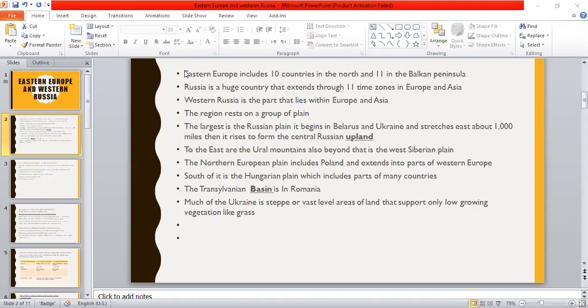Because of the mountains, the human settlements are isolated. So Balkanization has happened because of the mountainous nature of this area. This area originally has many mountains inside, which has made the settlements isolated, which has led to cultural diversity. It's also a source of conflict among the ethnic groups.